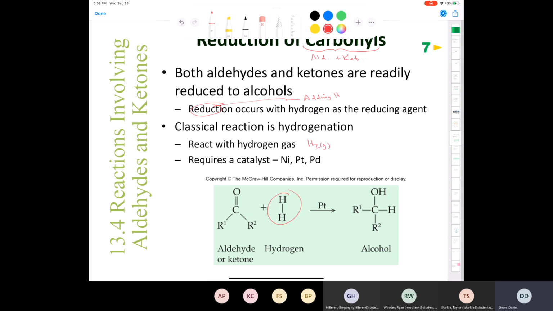Here is the Lewis structure of H2. It's just two hydrogens bound together, but oops, not HI. I don't know why I have acids on the brain. Anyhow, it's just two hydrogen atoms bound by a single covalent bond, and that reaction requires a catalyst: palladium or platinum or nickel, any one will work.